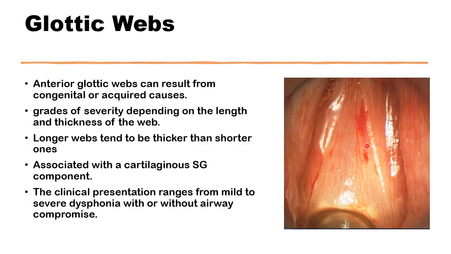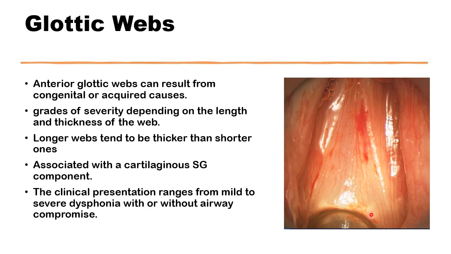Glottic webs, particularly anterior webs, can either be congenital or acquired due to surgery on the vocal folds, injuries, or prolonged intubation. They can be graded and classified according to the severity of the obstruction and the extension of the web, both the length and the thickness.